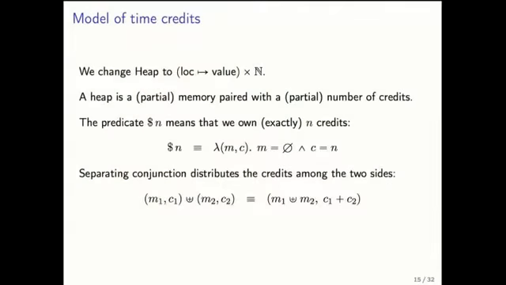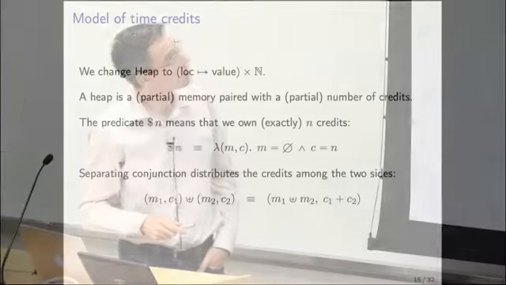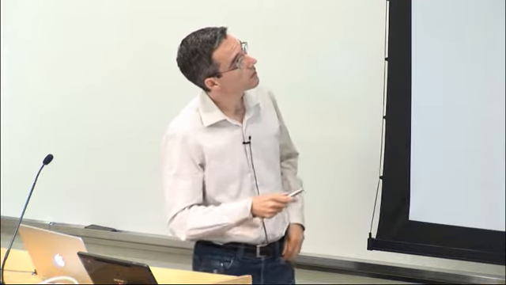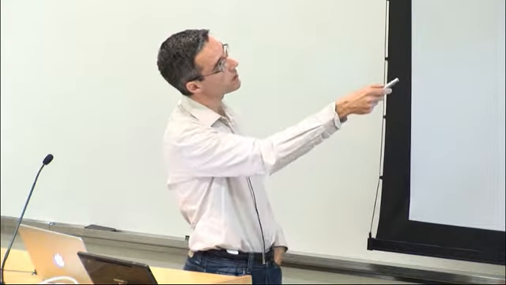So first I'll say how we define $n, how this predicate is defined. You can think of the heap as containing a special memory location where a certain number of credits is stored. To say that, we're changing the type of heap.